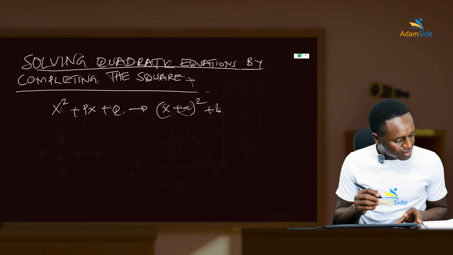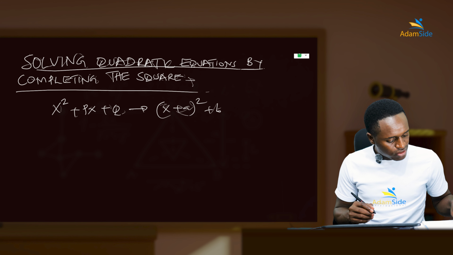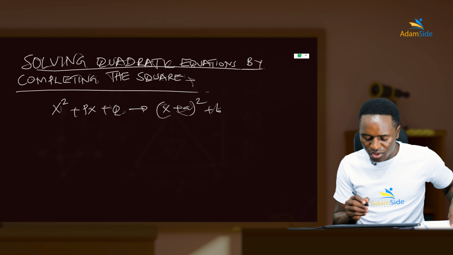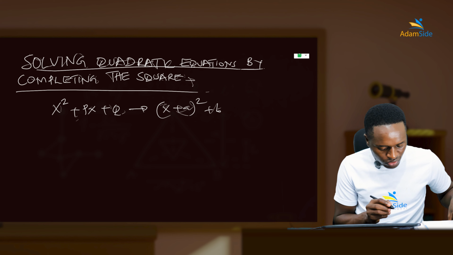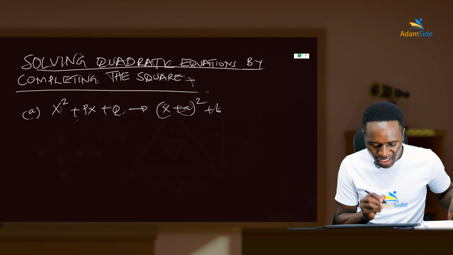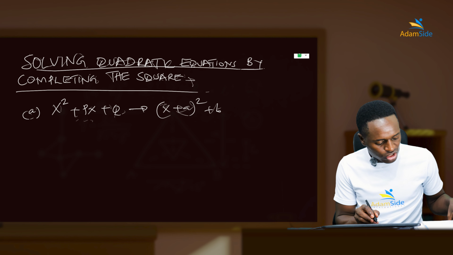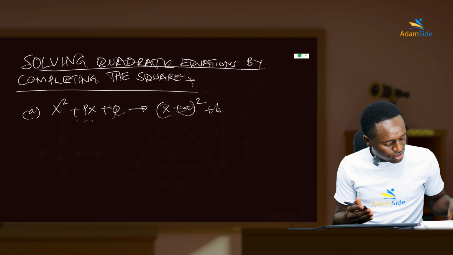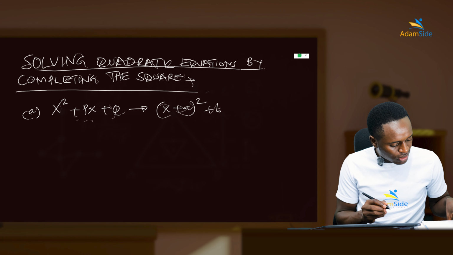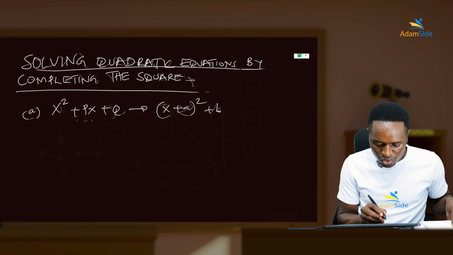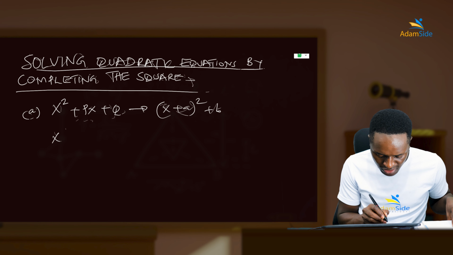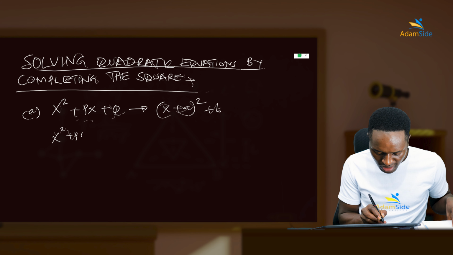What do we do? The first step: ignore q and just look at the first two terms. We have x squared plus px plus q equal to 0. So we ignore q and focus on x squared plus px.